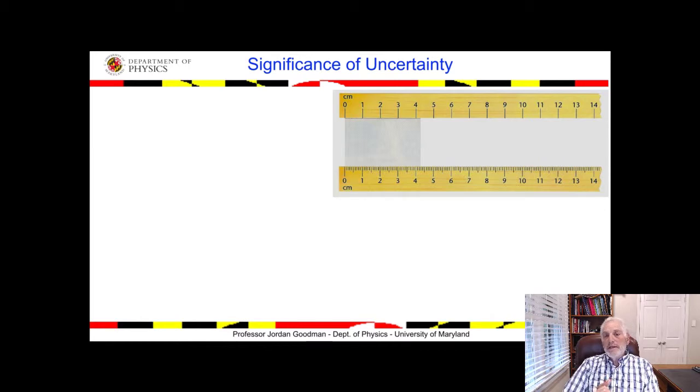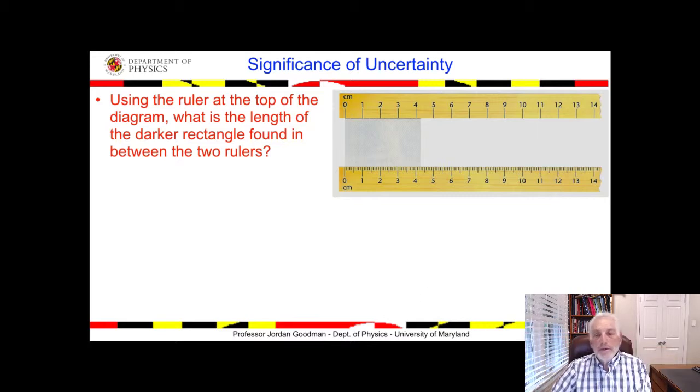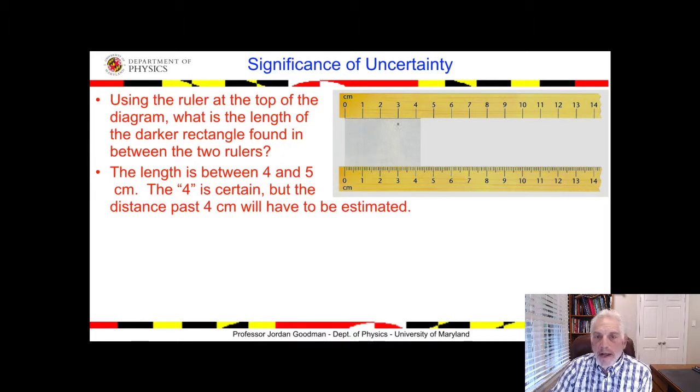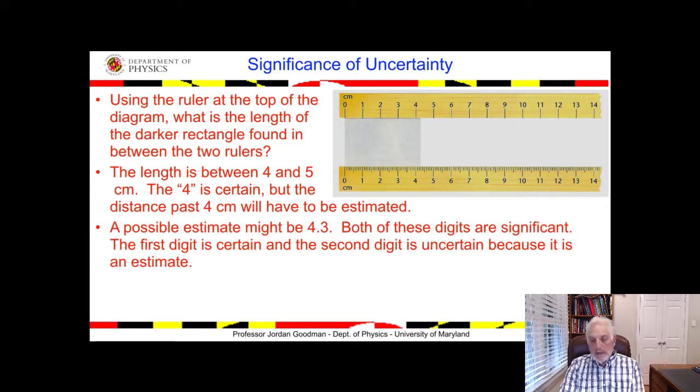All right, so let's talk about significance of uncertainty. Let's take a look at this picture here. We use the top ruler to measure the width of this dark gray area on the screen. We look at this and measure it, and we find that the length is between 4 and 5 centimeters. So we know it's certainly past 4 and it's less than 5. We know that the distance can be estimated, and we can look at this and guess that it looks like around 4.3.